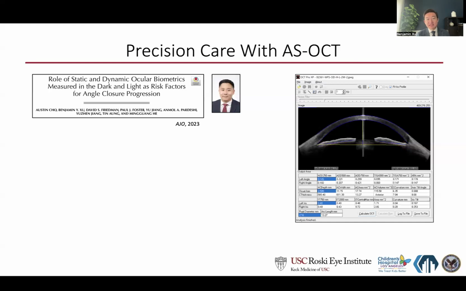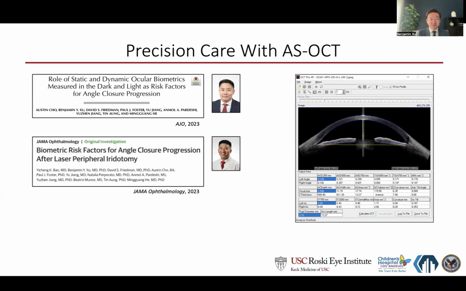More recently, we've conducted a series of other studies demonstrating that precision care with ASOCT in angle closure eyes may be possible. In this 2023 study, we identified that measurements obtained from ASOCT images in the light may actually be more predictive of progression compared to images acquired in the dark.